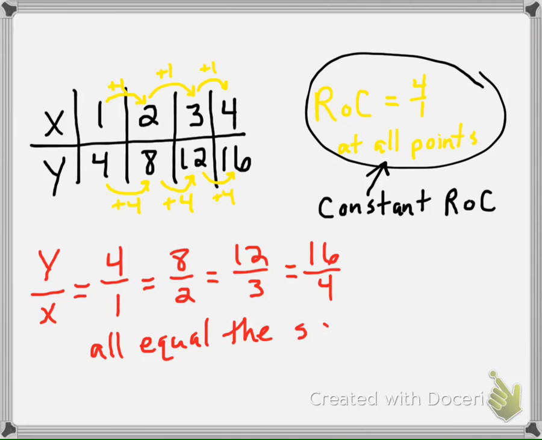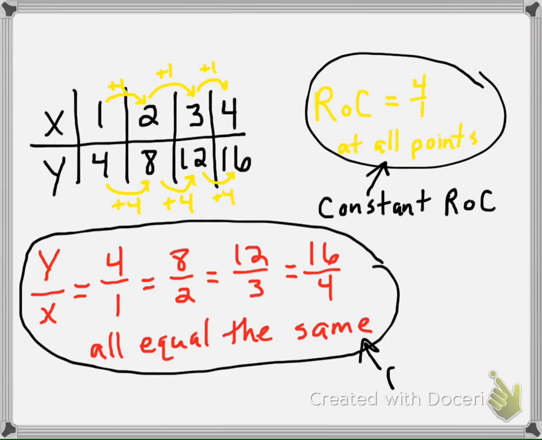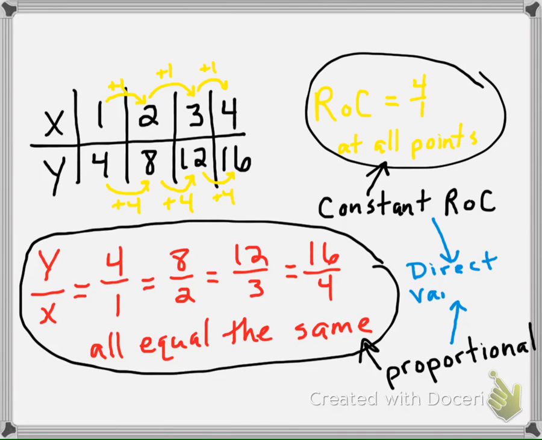All of those equal 4. 4 divided by 1 is 4, 8 divided by 2 is 4, 12 divided by 3 is 4, 16 divided by 4 is 4. So since they all equal the same thing, then that means this relationship is proportional. And if you have a constant rate of change and it is proportional, then you have a direct variation relationship.